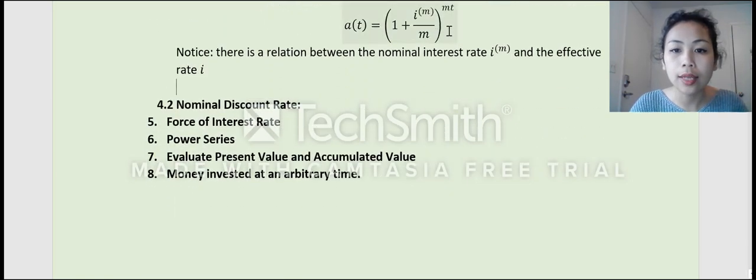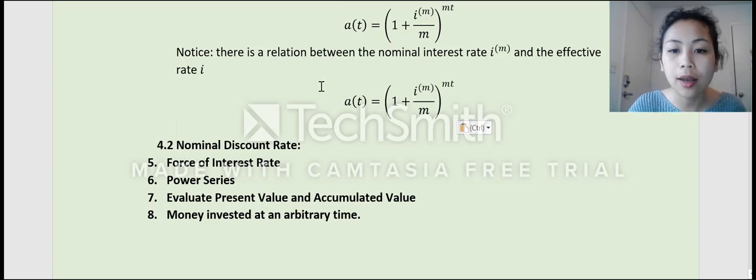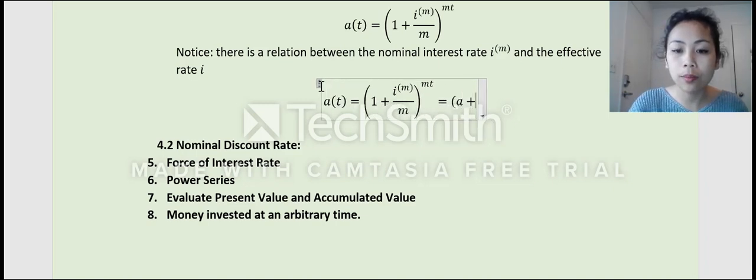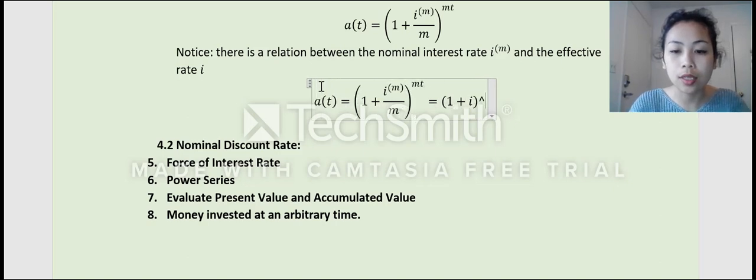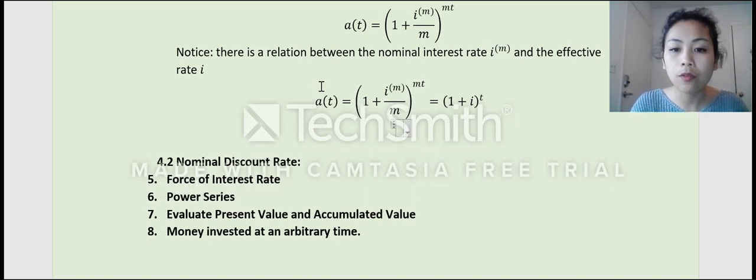So you know that A(t) is (1 plus i^(m) over m), the whole thing raised to mt, and A(t) is also equal to (1 plus i) to the t. So from here, we will solve for i^(m) with respect to i.